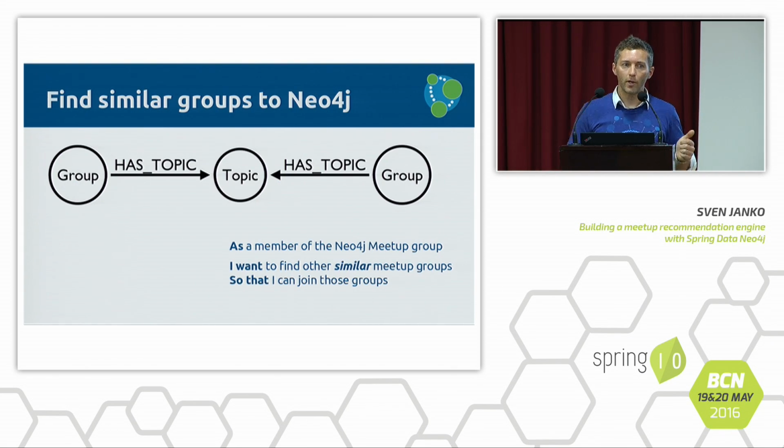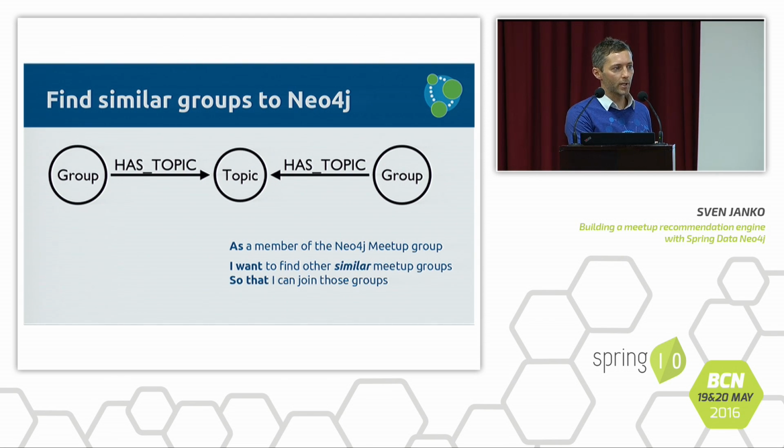So we now have our use case or our user story written. The next step then is to draw a graph of that user story. So that's again one part of our data model, in fact. We've seen that path already, at least the connection between group and topic. And what we're seeing on the right is exactly the same.